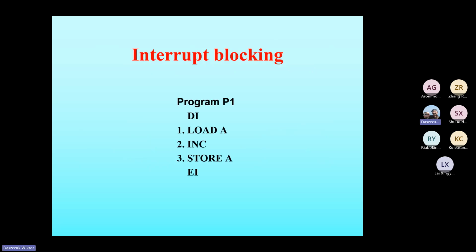Because the interrupt was the source of our problems, we can say, oh, we have an easy solution. Let us disable interrupts. What is easier?